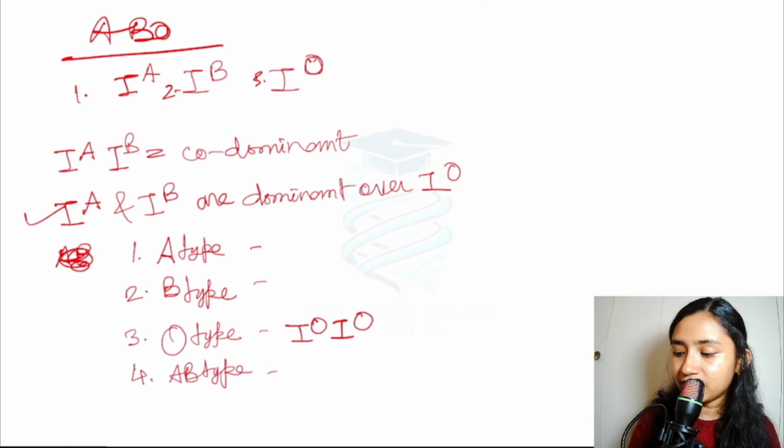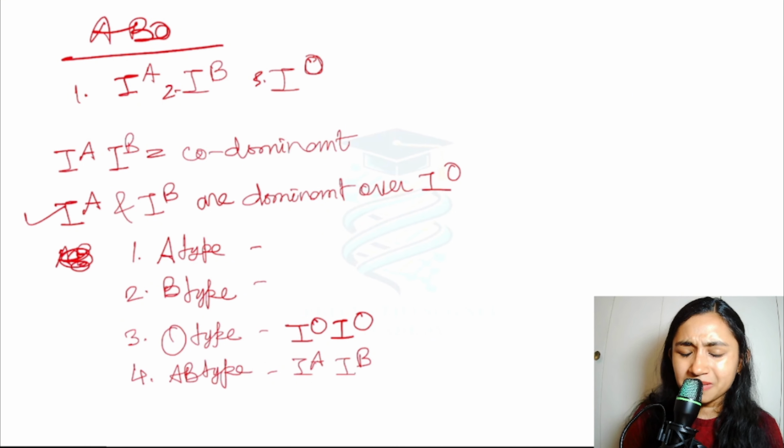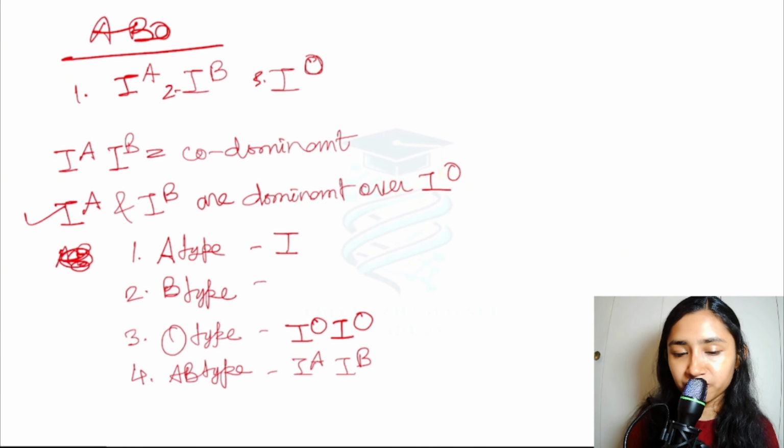And for AB blood type, the alleles will be IA, IB. We know that A and B are codominant to each other. So AB blood type means IA and IB alleles are present. But for A blood group, you can have two types of allele combination.